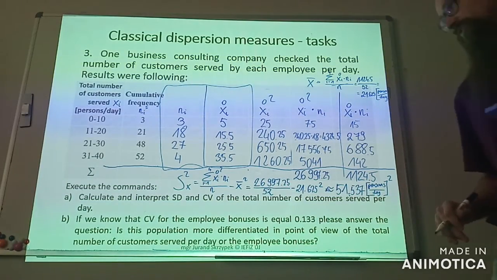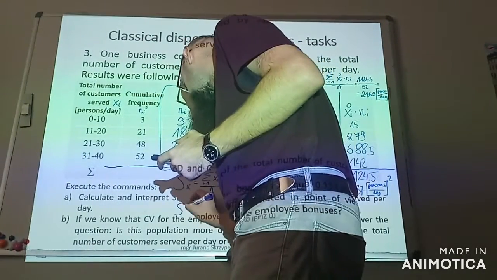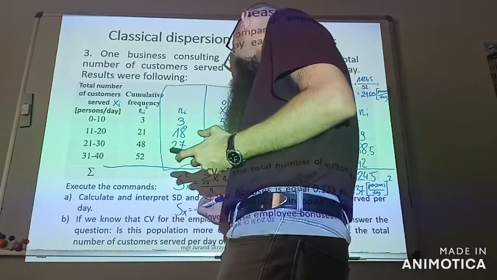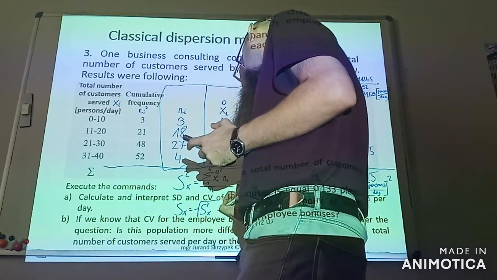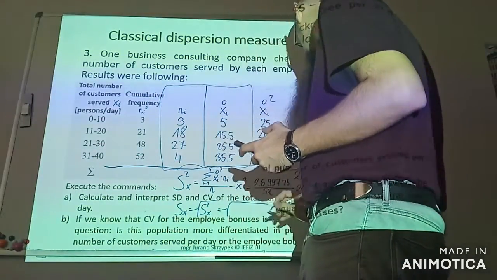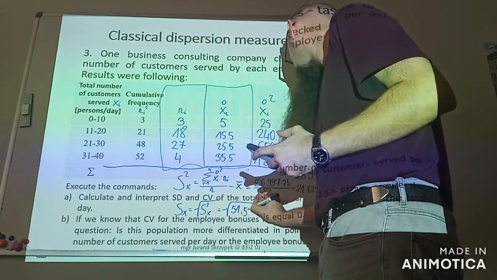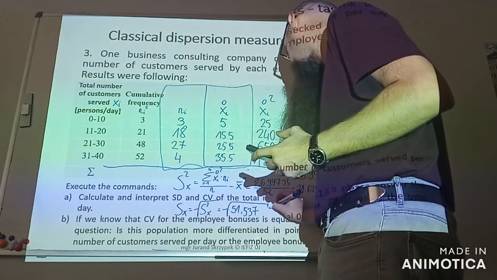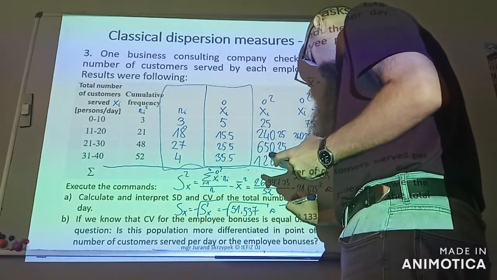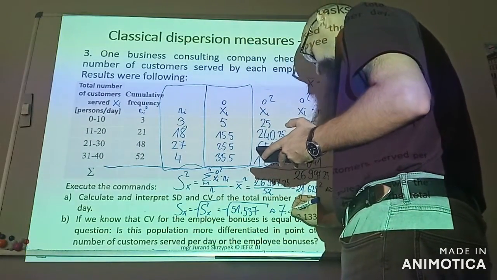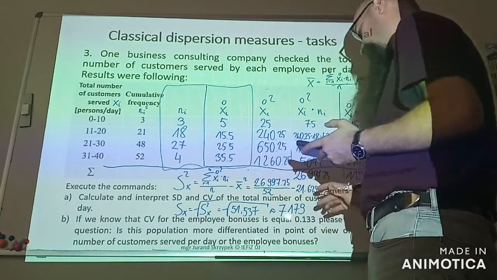It has no interpretation, so I am obligated to compute the standard deviation, which is the root of variance. So we compute here the root of 51.537, and the final result is 7.179 around.